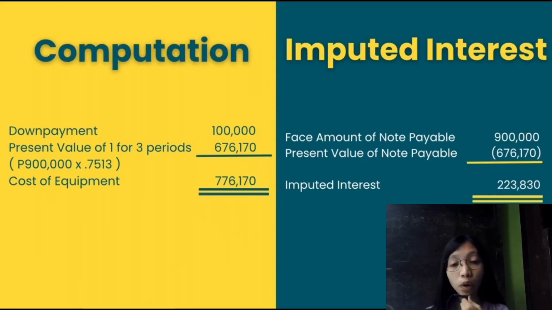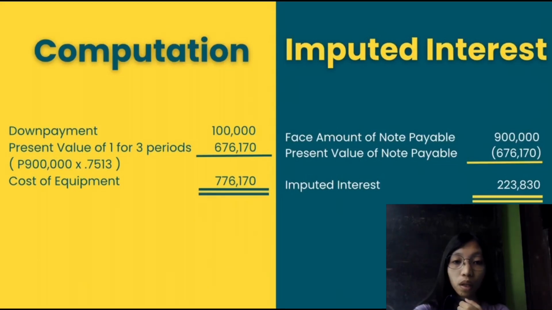And sa pagkuha sa 676,170, kay gi-multiply na to ang face amount sa note payable, which is 900,000 pesos, sa present value of 1 for 3 periods, which is 0.7513. Mao ng 676,170. Added by 100,000 is equals to 776,170. Mao na ato ang cost of equipment.